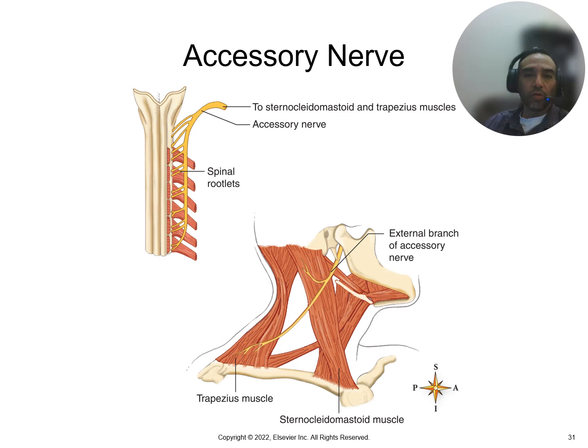But this is the nerve that originates in these cervical spinal segments, and it branches out to the trapezius and the sternocleidomastoid muscle. Sternocleidomastoid muscle. Whew. All right. I'll bring some water next time I do a lecture. Right now I got a slushy. It's not helping.